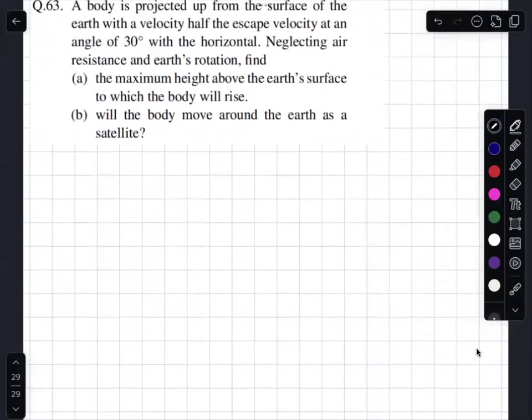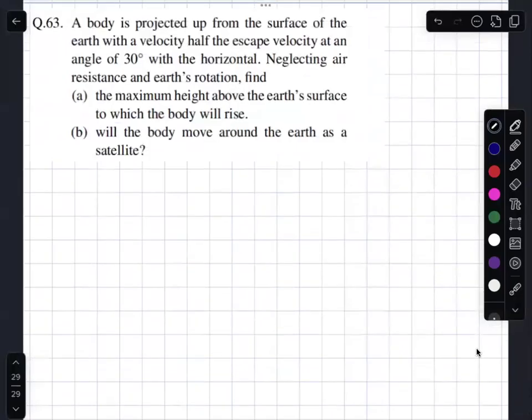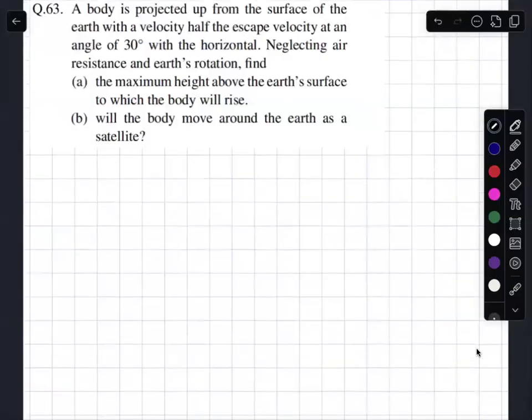Next, question 63. A body is projected up from the surface of the earth with a velocity half the escape velocity at an angle of 30 degrees with the horizontal, neglecting air resistance and earth's rotation. Find the maximum height above the earth's surface to which the body will rise. Let me understand the question first of all.